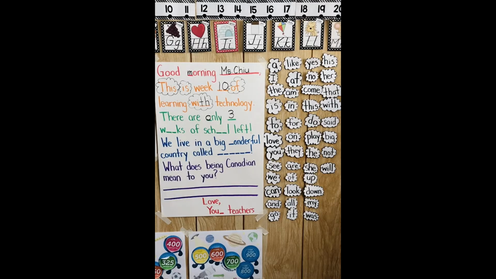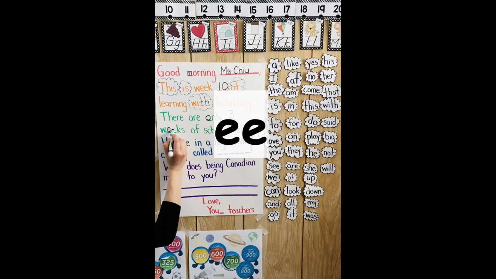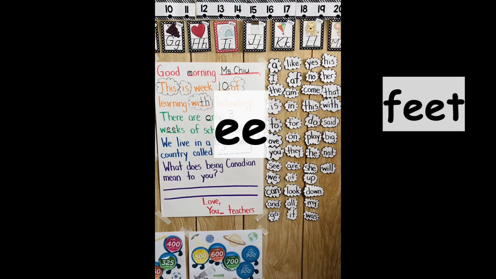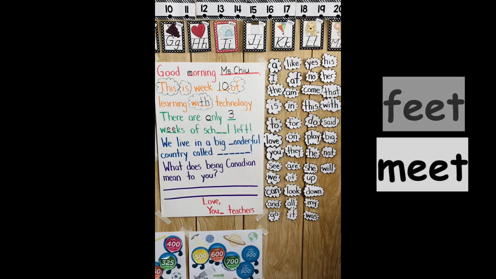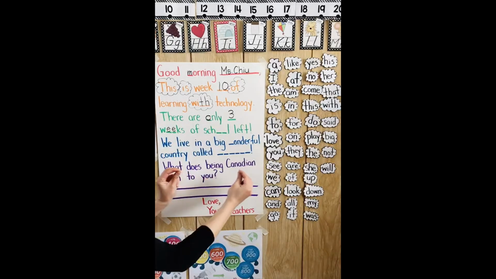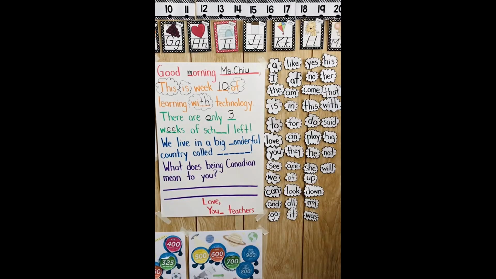Do you know what 2 letters make the E sound? It's the 2 letters E and E, like in the word feet and the word meat. Now let's fix the word school. Can you say school? School.